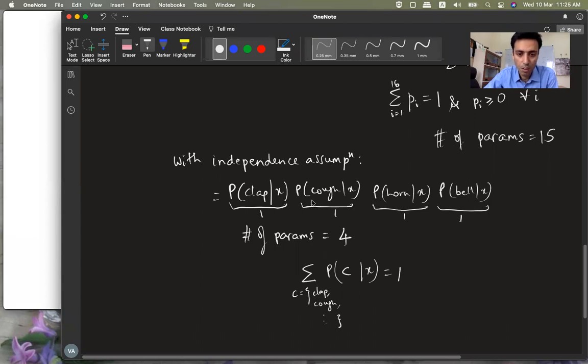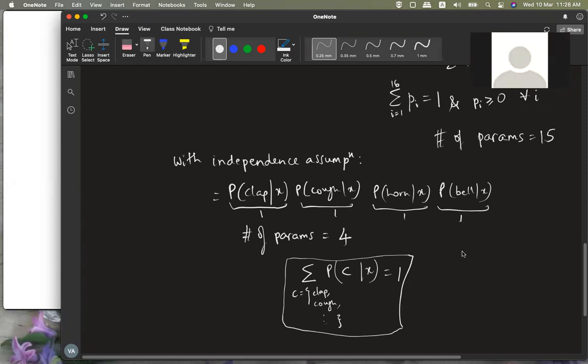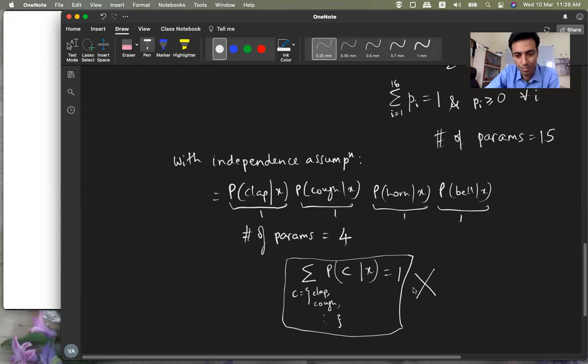Now my question is, is this equation true? Does that hold for independent events? No, it will not hold. This is not correct. Because cuff and clap are independent, you cannot say their probabilities will sum to 1.